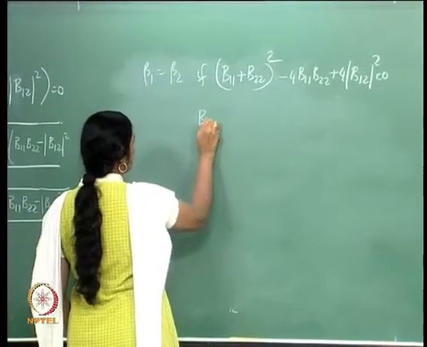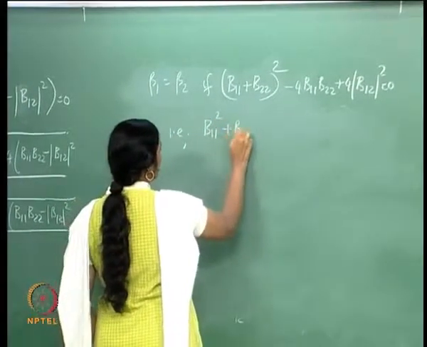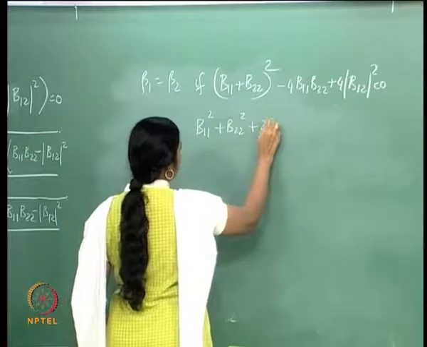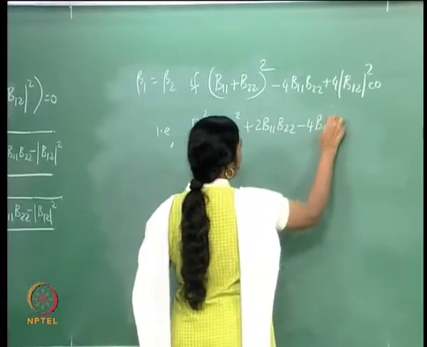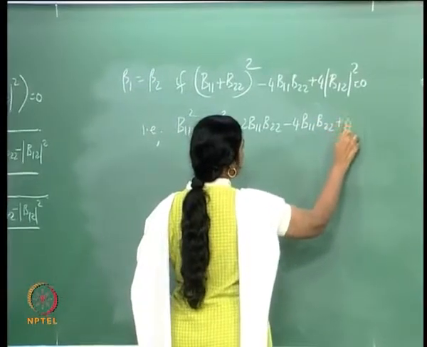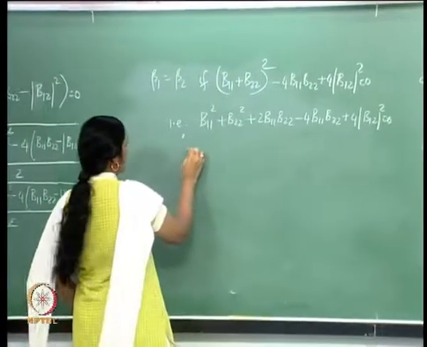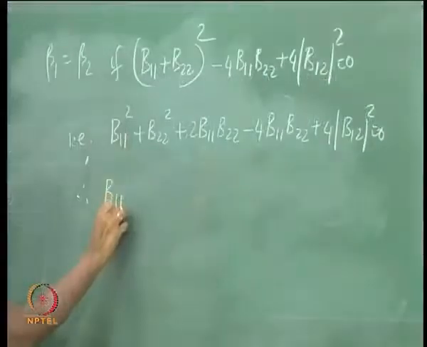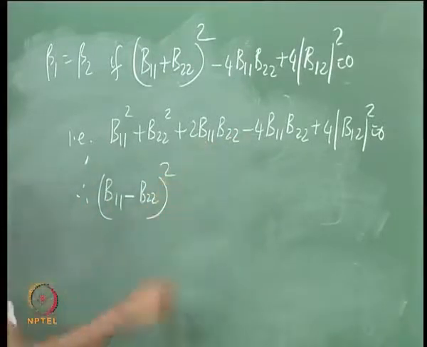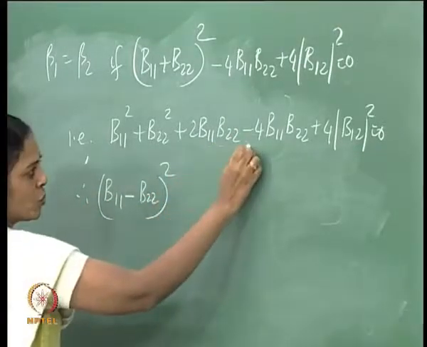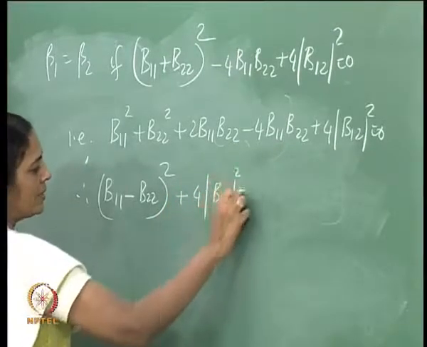So, let us expand this, that is B11 squared plus B22 squared plus 2 B11 B22 minus 4 B11 B22 plus 4 mod B12 squared equal to 0. But that is like saying B11 minus B22 the whole squared, because this gives me a minus 2 B11 B22 between these two terms, plus 4 mod B12 the whole squared equals 0.